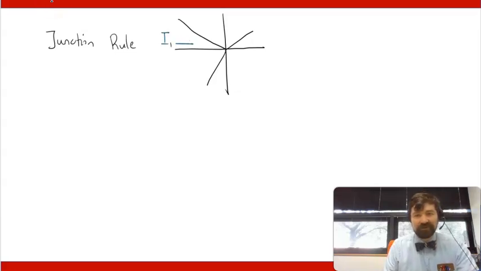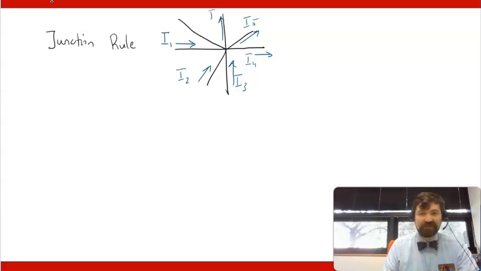Maybe I have I1 here, I2 right here, and I3 is here. Maybe I4 is off like this, and I5 is coming off like this, and I6 could be here. Maybe I7 also happens to be coming out like this.